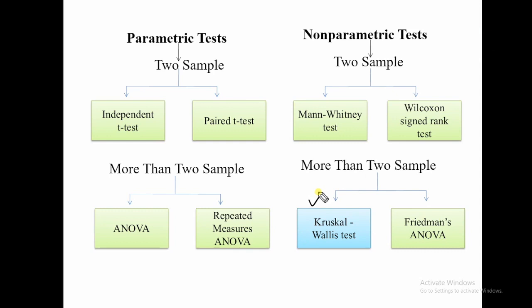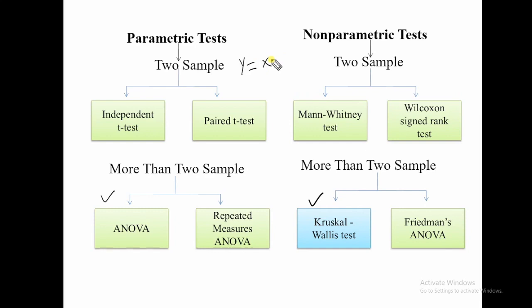Now the question is, when and why should we use the Kruskal-Wallis test? Basically, the Kruskal-Wallis test is equivalent to the analysis of variance. And what is the condition of analysis of variance? It is when we compare more than two means.